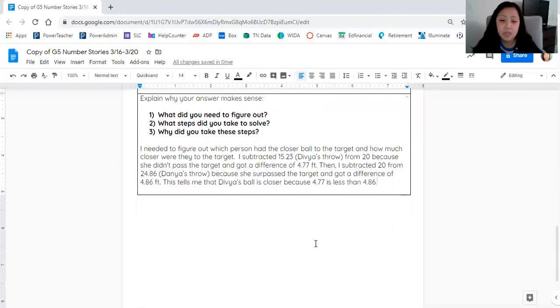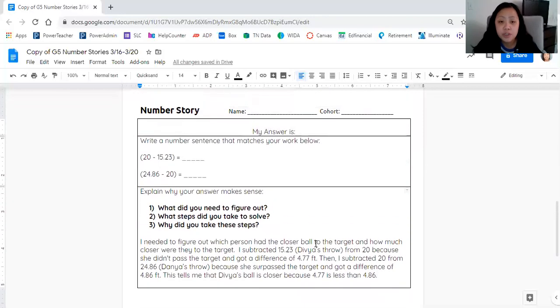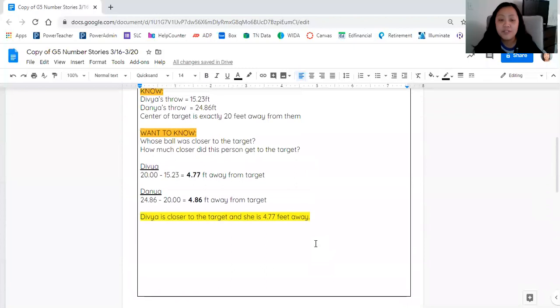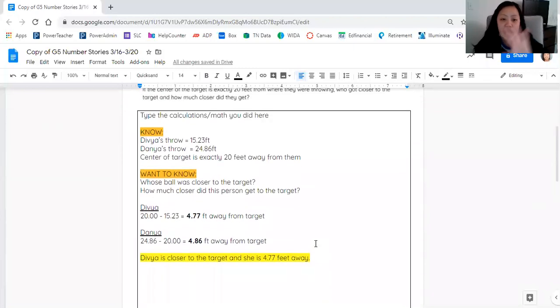So I hope this was helpful to you and that you're going to carry this kind of feedback and organization for your work into your next number stories for the week. I want to just say now, your number stories moving forward are not going to look like this. I mentioned this in a previous video that Miss Hank's going to try and make sure it looks more like our style of number stories, just to keep some consistency, even though we're learning from home.